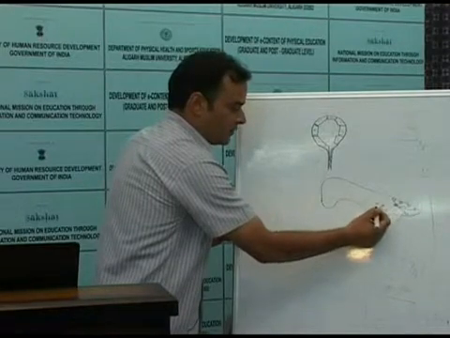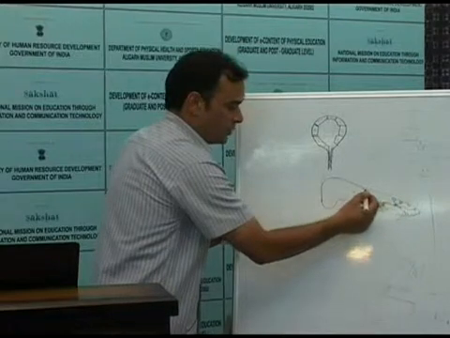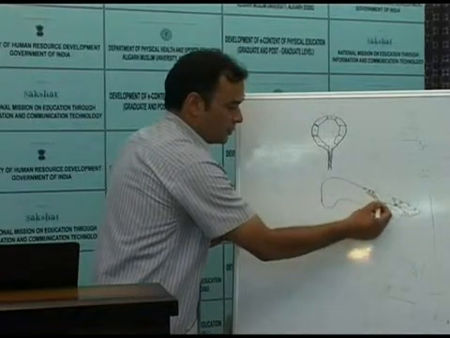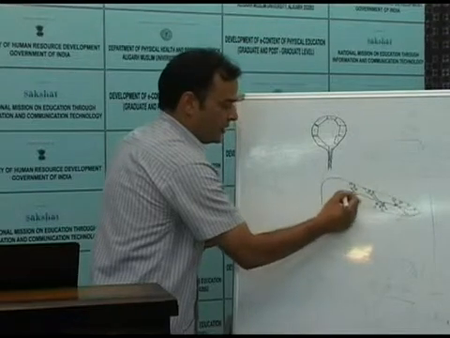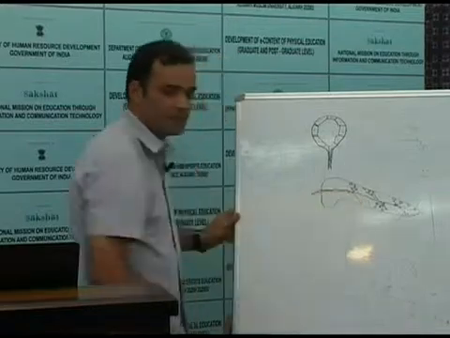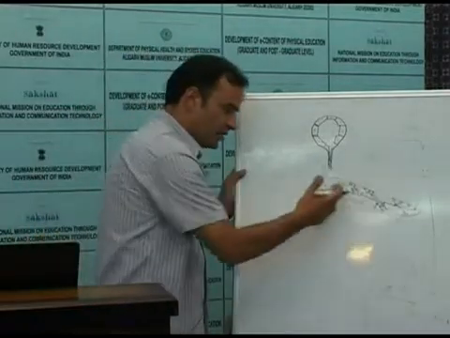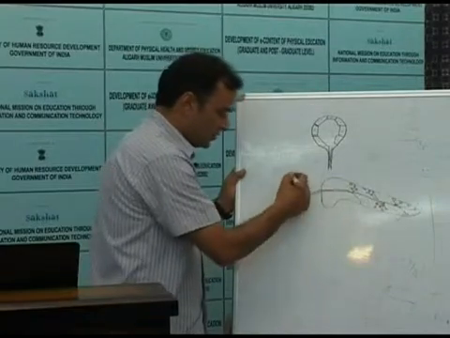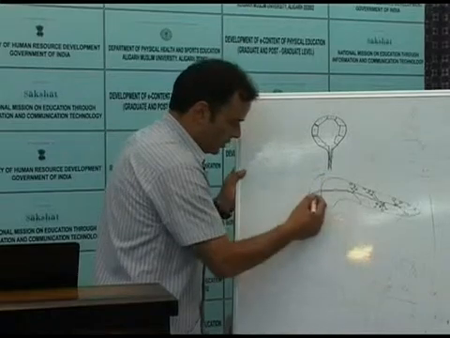Acinus of different regions then join to form the main duct called duct of Wirsung. This pancreatic duct, which carries the secretions of the pancreas, opens into the duodenum.